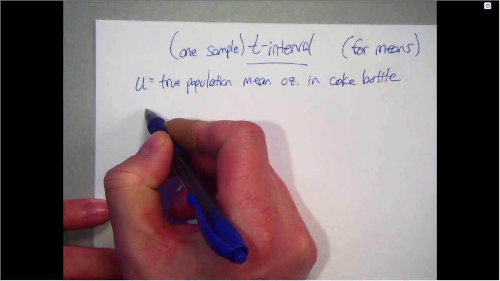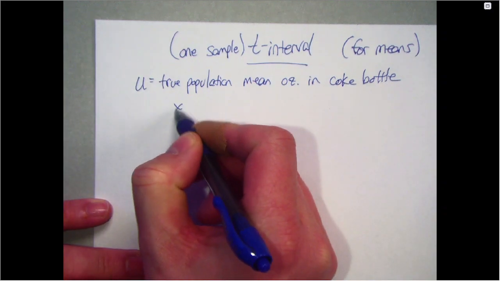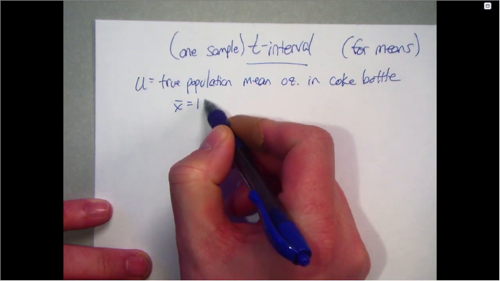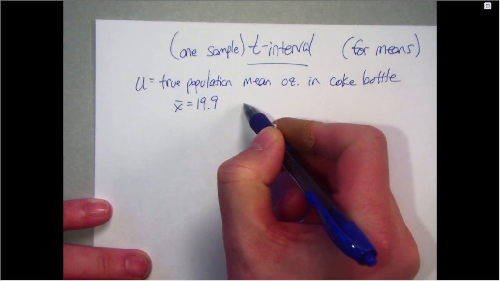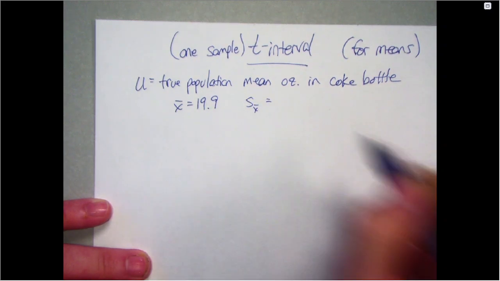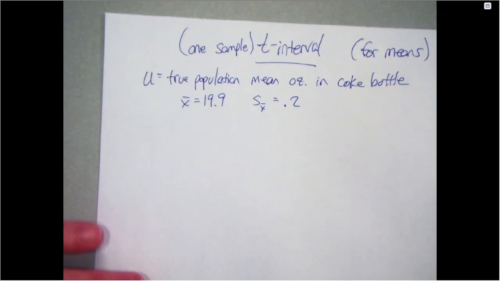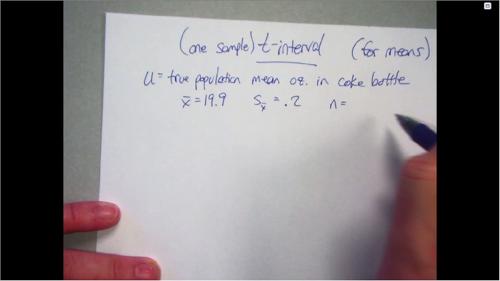So let's say that our sample mean came out to 19.9. The standard deviation of our sample came out to 0.2. Our sample size was 50.